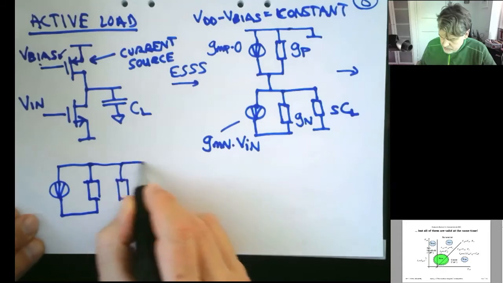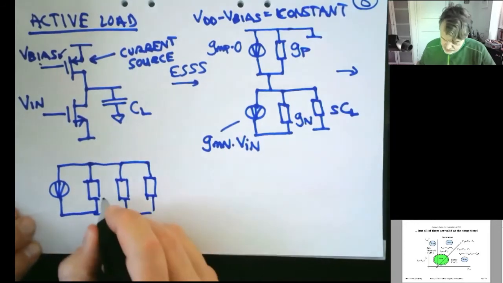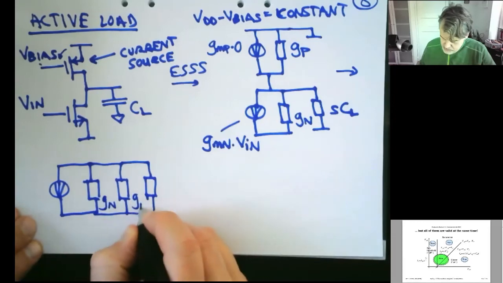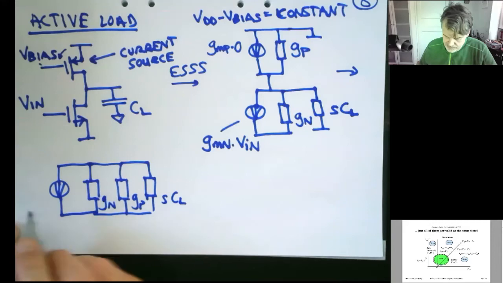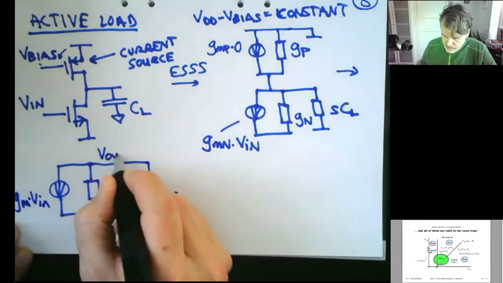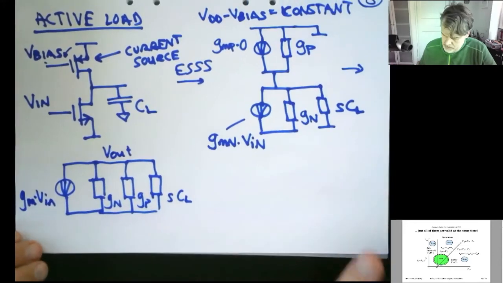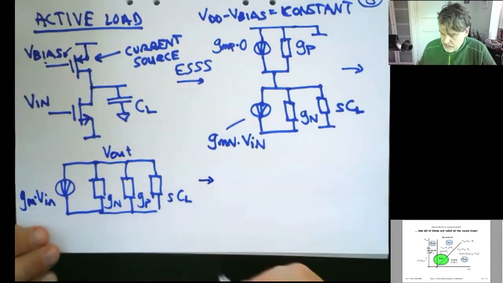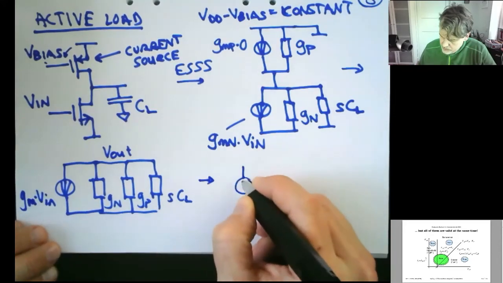So I'm just going to write it once here, a bit over ambitious perhaps, but that's GN, GP, and SCL. And this guy is GM times Vin, and that's Vout. So I'm just doing an intermediate stage here. So this is now equivalent with the final drawing.